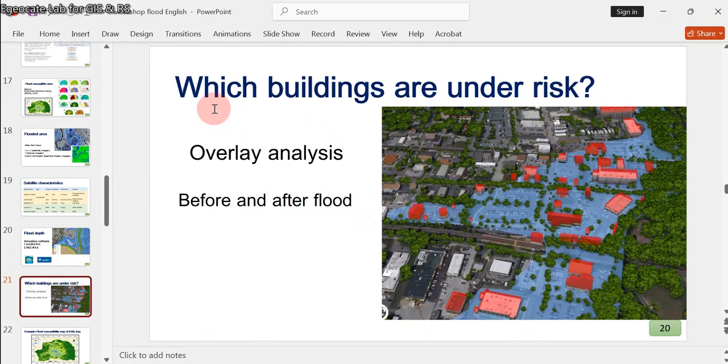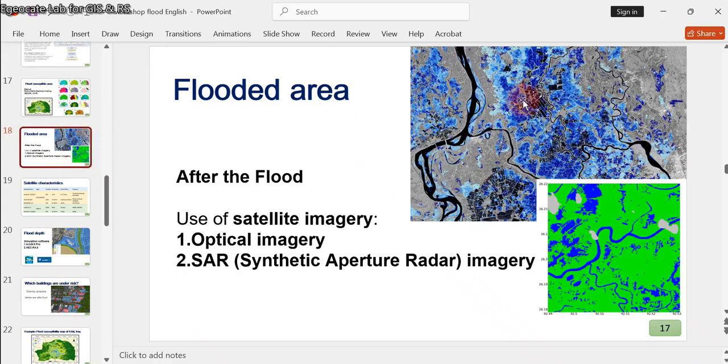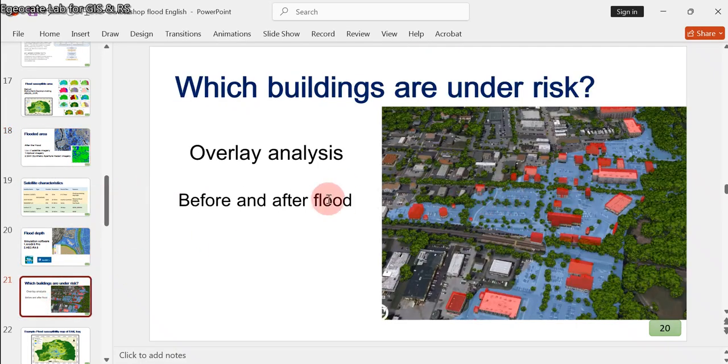Another question is, which buildings are at risk? Actually, we can answer this question by doing overlay analysis. If we have the flooded area and flood depths, either after the flood or before the flood, we can overlay this data with building footprints.